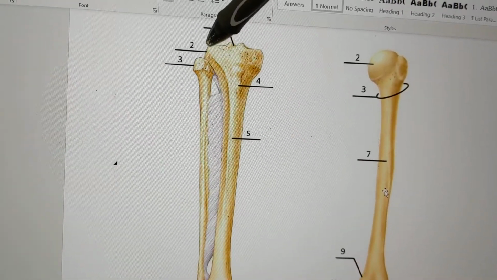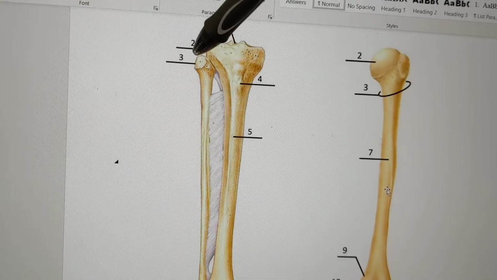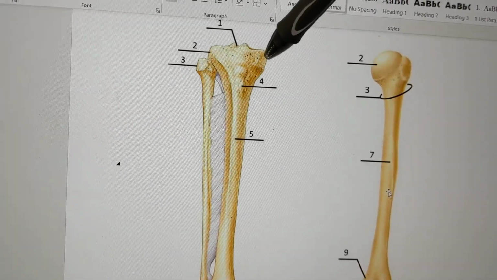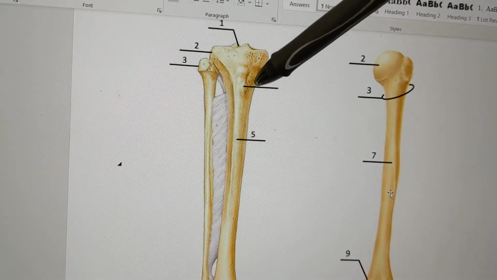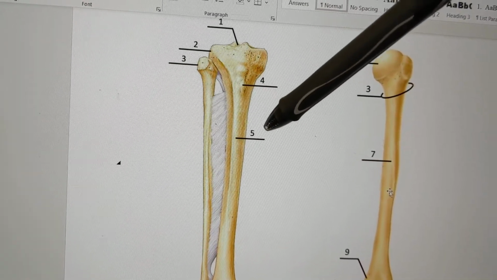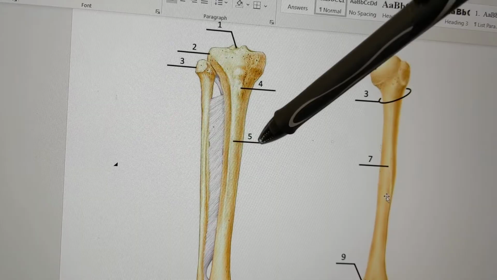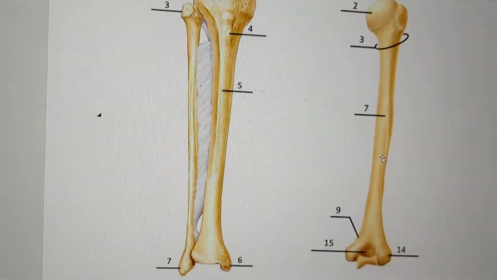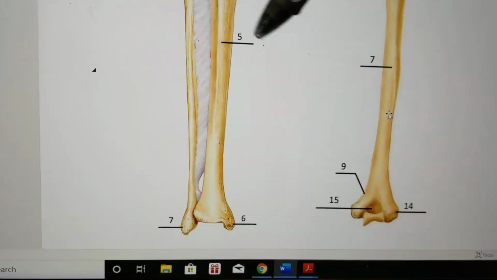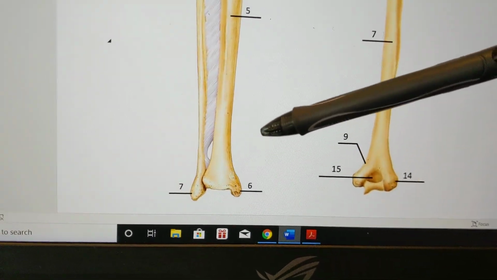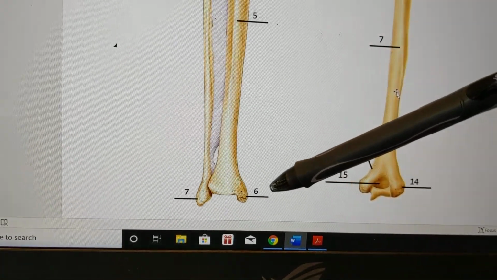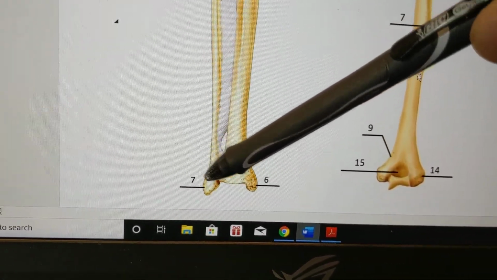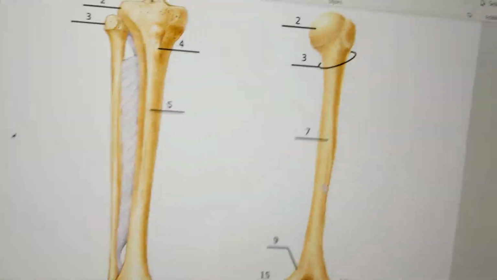Number 2 is the lateral condyle. 3 here is just the head of the fibula. 4 is the tibial tuberosity. 5, I guess it's just referring to the shaft of the tibia. 6 down here is the medial malleolus and the lateral malleolus here at 7.